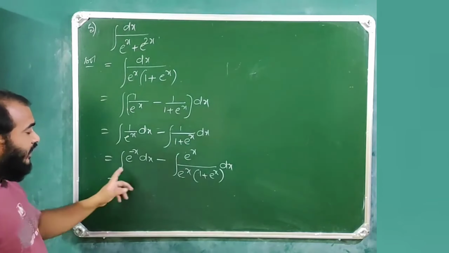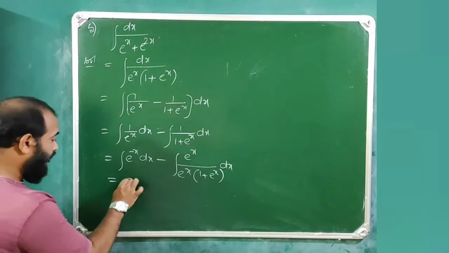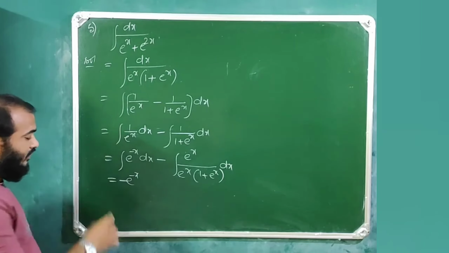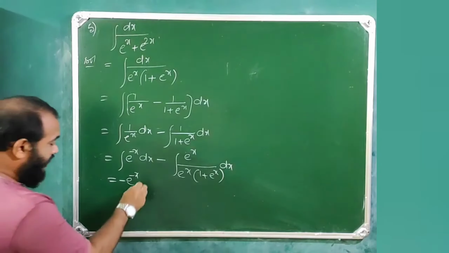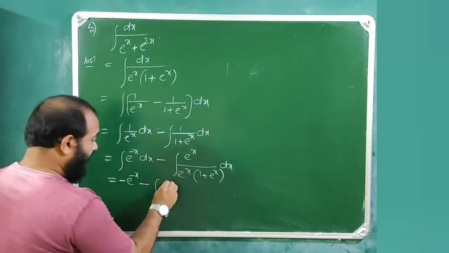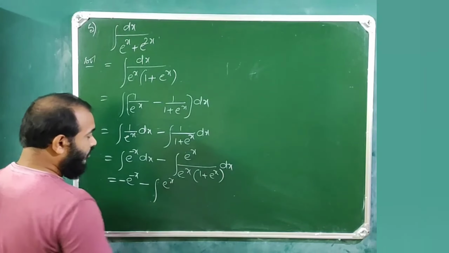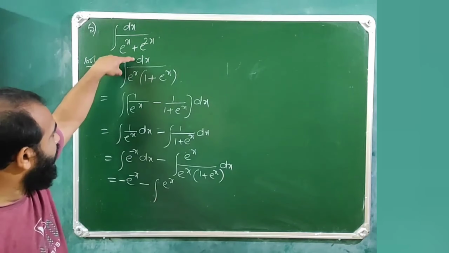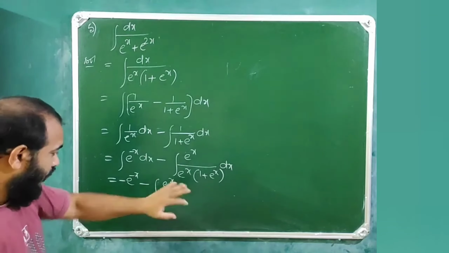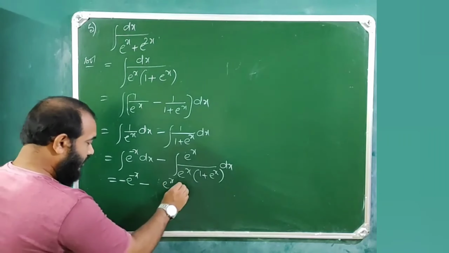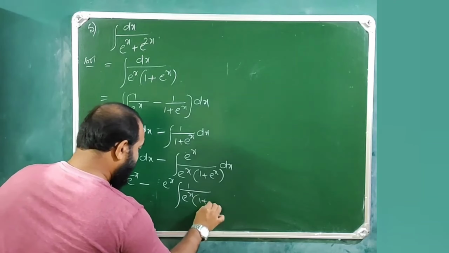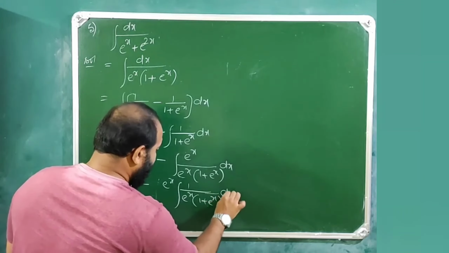So this is integral e power minus x, derivative is e power minus x by d by dx of minus x, which is minus 1, minus integral of e power x into, what is this, 1 by e power x into 1 plus e power x. If you take this e power x aside, then this is 1 by e power x into 1 plus e power x dx.